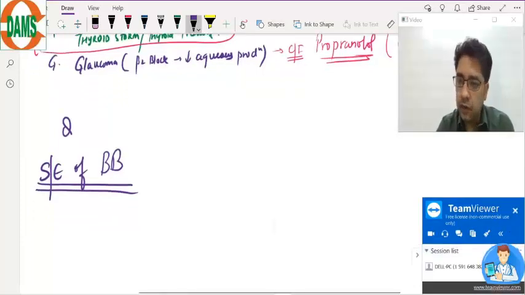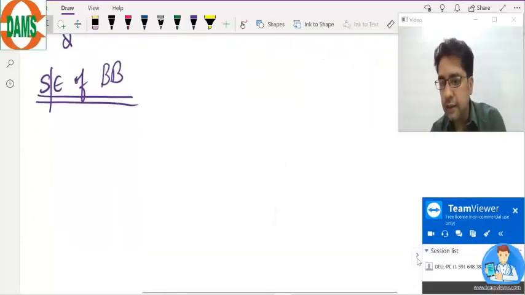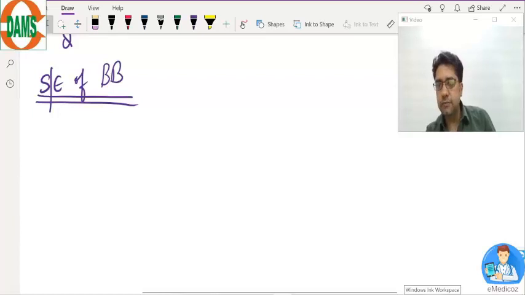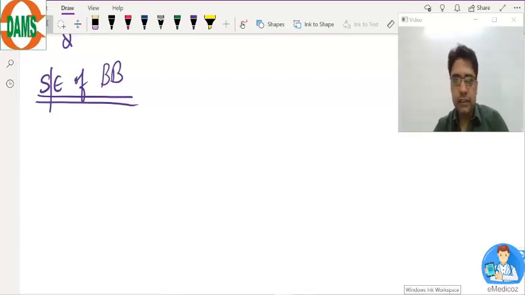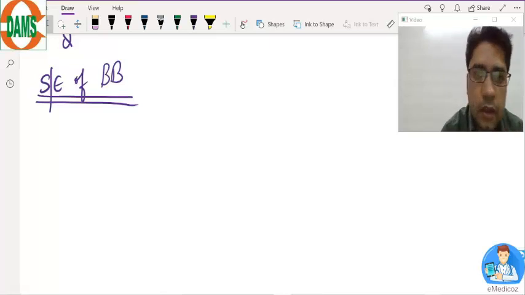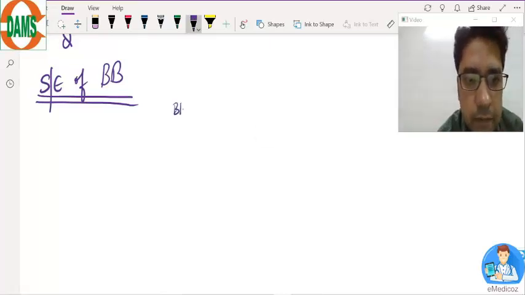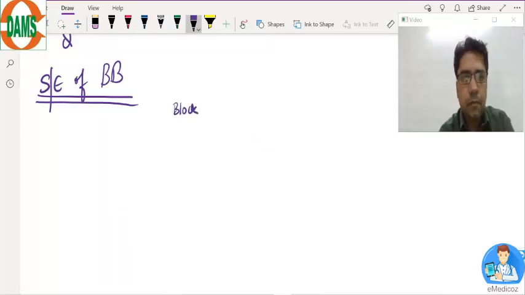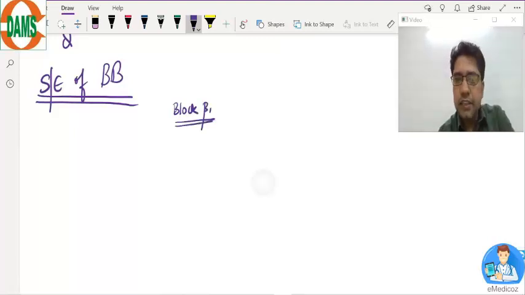Yes, propranolol is used. If you are having anxiety, take propranolol before exams. 40 milligram propranolol you can take and it will relieve your anxiety. Now, side effect of beta blocker, you know each and everything. If you will block beta 1 receptor, can we say on heart beta blocker will lead to bradycardia?